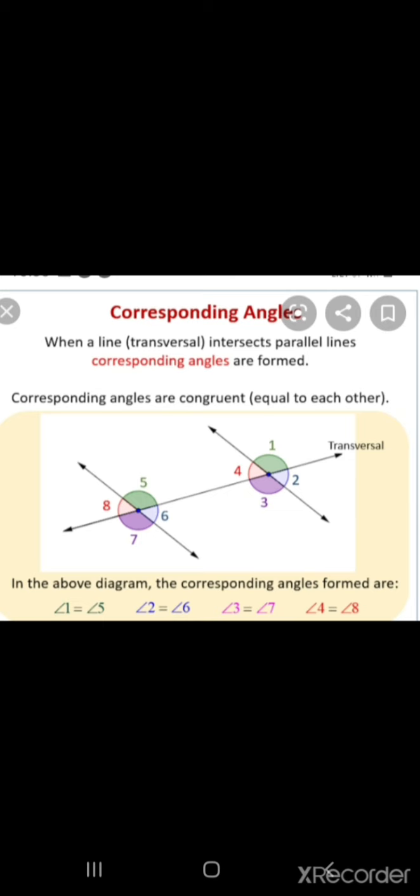Corresponding angles are equal to each other. The measurements of each pair of corresponding angles are equal. Next pair of angles, alternate angles. Here in this picture, EF and GH are two parallel lines. RS is the transversal. Again, 8 angles are formed. Out of those 8 angles, 4 pairs form alternate angles.